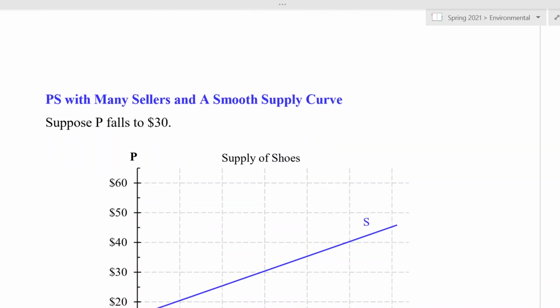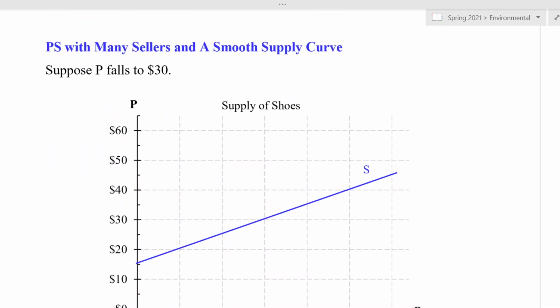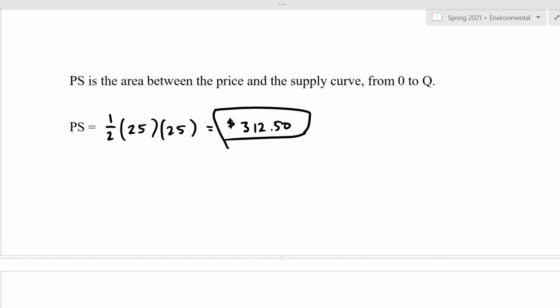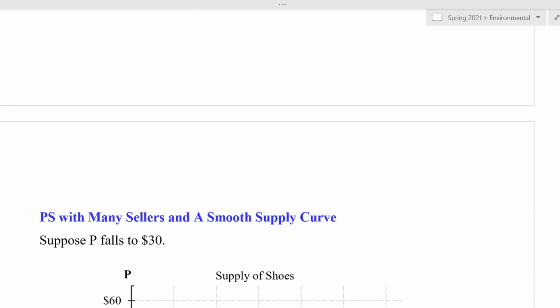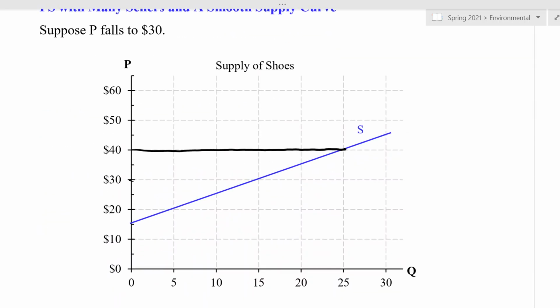Finally, just as we did with consumer surplus, let's make a change in price. And let's go from 40, where we had a total surplus of $312.50, and let's decrease the price to $30. So now producer surplus is only this area here.